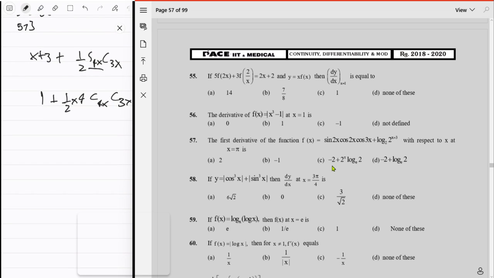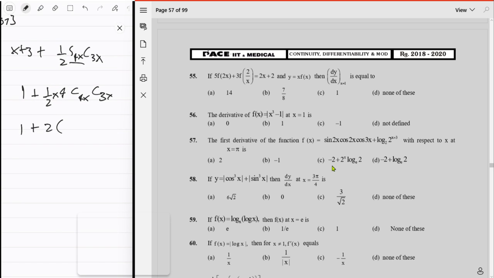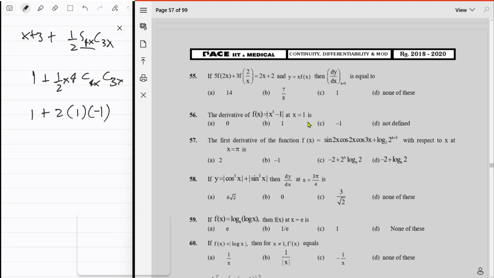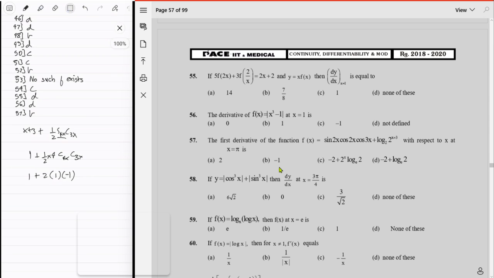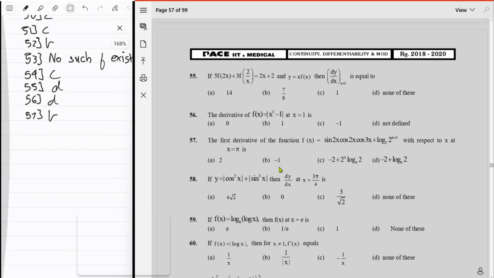So 1 plus 2 times cosine of 4x at x equal to pi just becomes 1, and this just becomes negative 1. So 1 minus 2, which is negative 1. That's our derivative. That's our answer B. Next question.